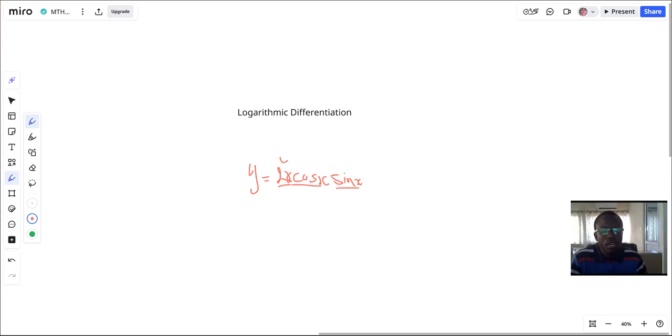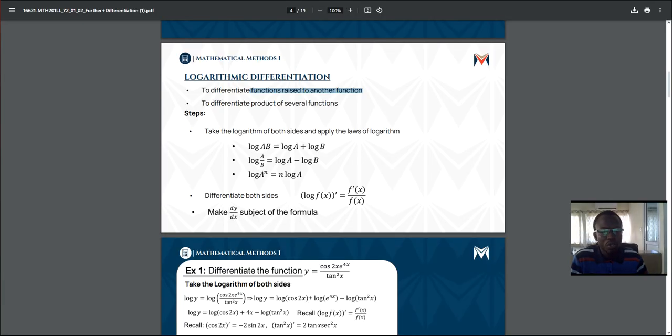You cannot apply the uv formula because this is a product of three functions, 1, 2, 3, so you cannot apply the product rule. That's when you are going to use logarithmic differentiation.